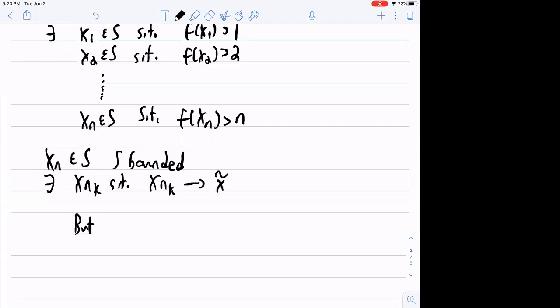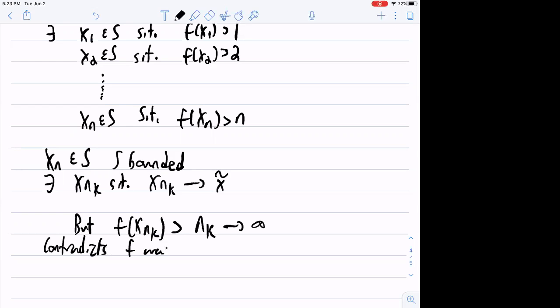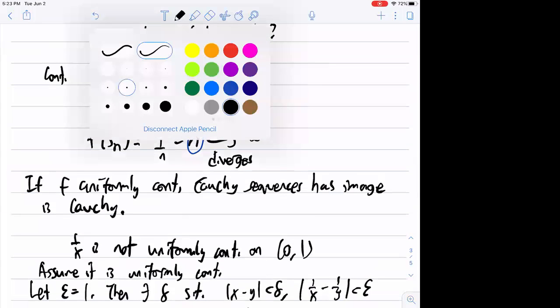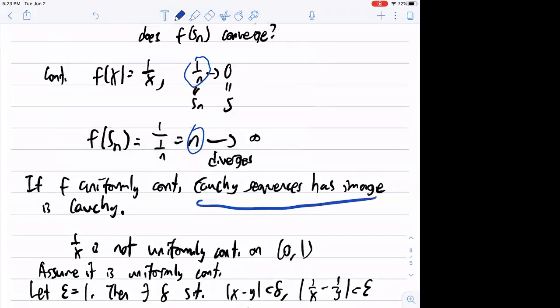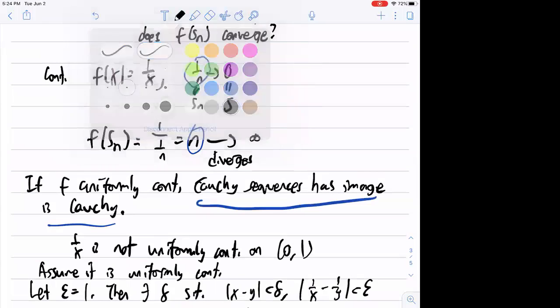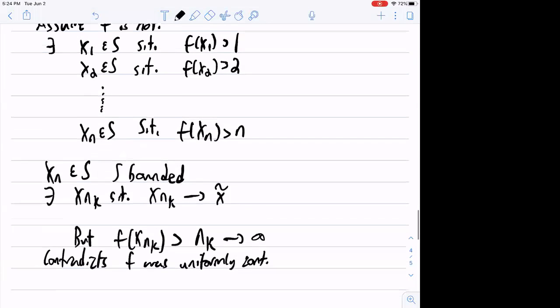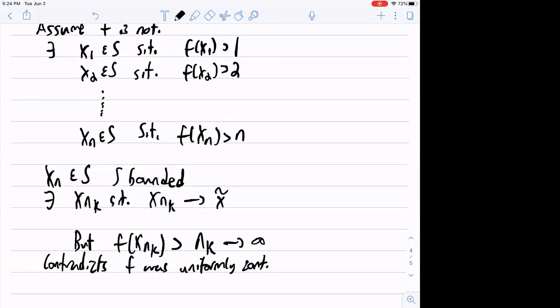But f of x_{n_k} does not converge, because this is a subsequence, so f of x_{n_k} is bigger than n_k, and there are infinitely many terms. So this still goes off to infinity, and that contradicts the fact f was uniformly continuous, because if it was uniformly continuous, every Cauchy sequence has an image that is Cauchy. In particular, it can't diverge, right? So yeah. Okay, is everyone clear so far?